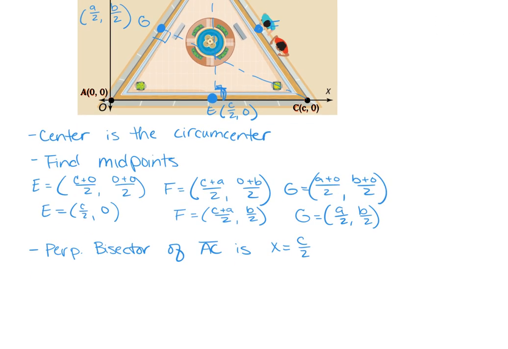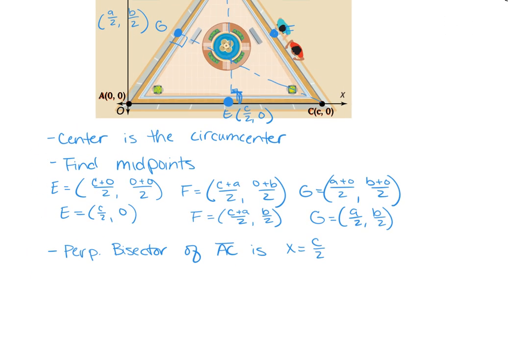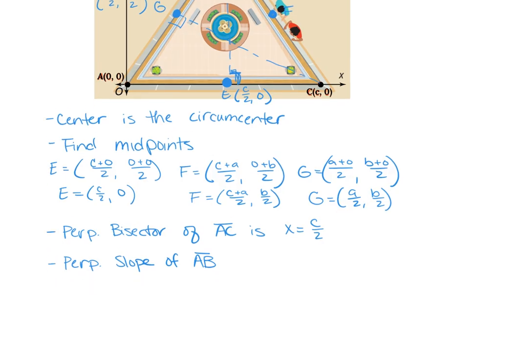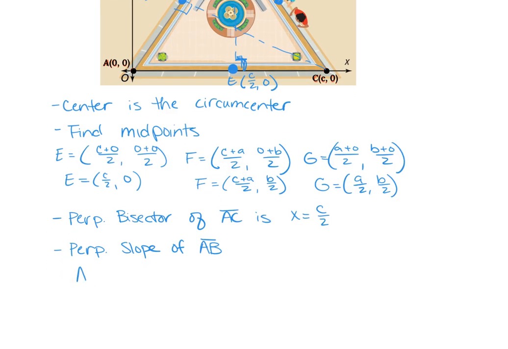Okay, so we want to find the perpendicular slope of AB so that we can find that bisector slope. So I want to find the slope of AB and then make the negative reciprocal of that.